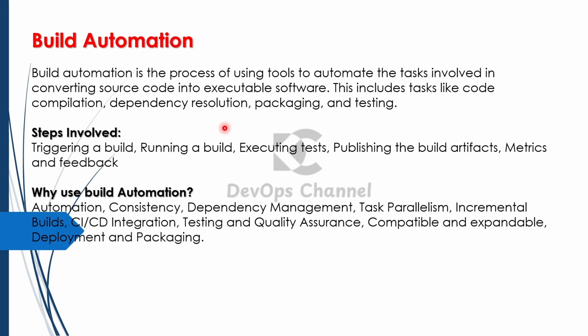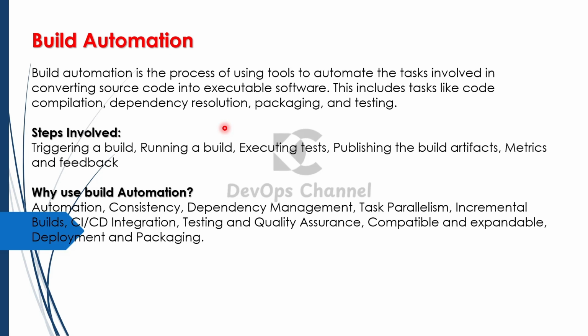For example, if they are writing Java code, it should create a jar or war file. So we have the keyword build automation for converting our source code into executable software.